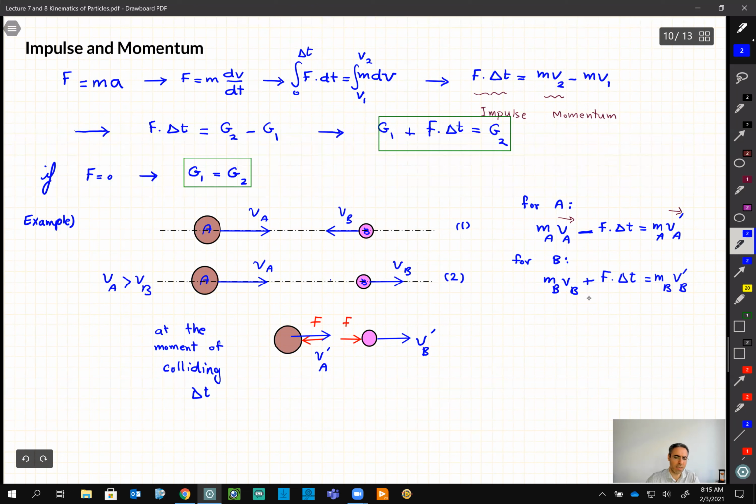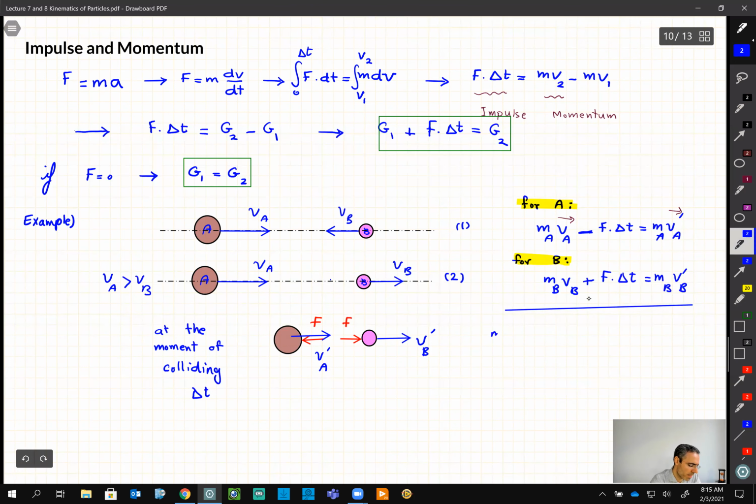So I have these two formulas, one for particle A and one for particle B. If I add them together, let's do that, what do I get?